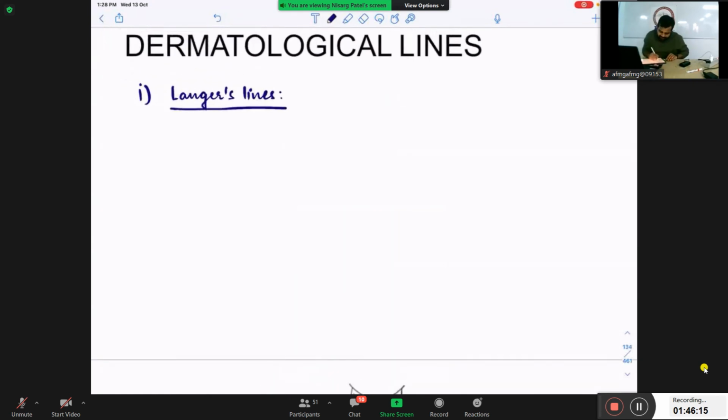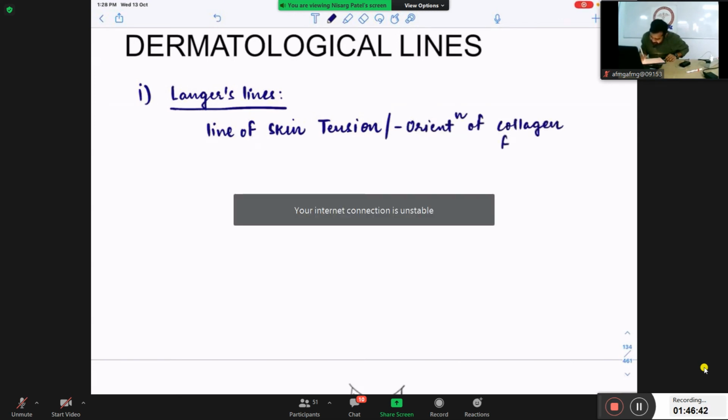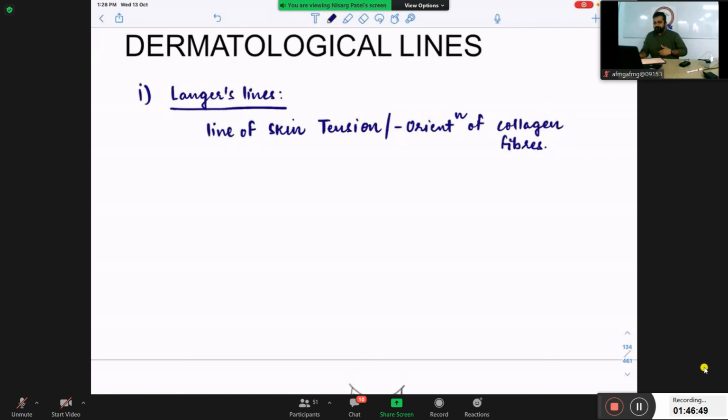The two important points: it is a line of skin tension. It is a line of skin tension of the collagen fiber. It is the orientation of the collagen fibers.